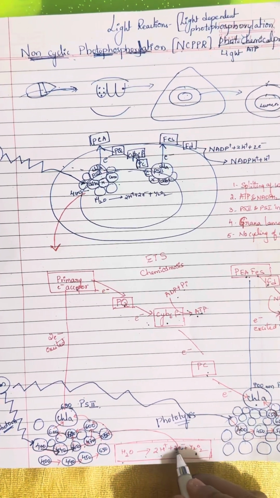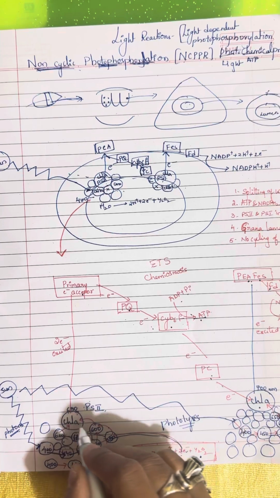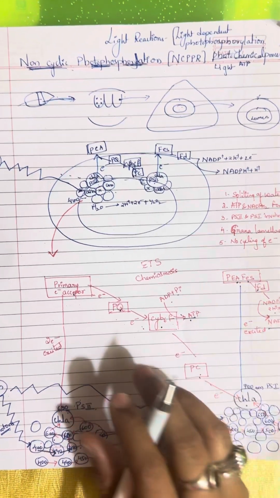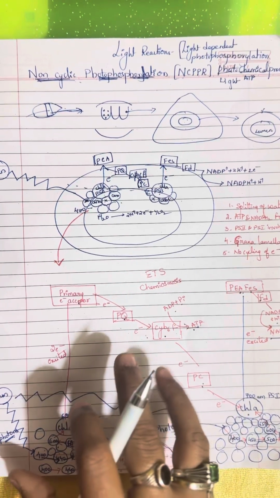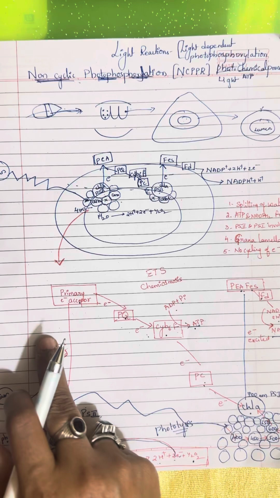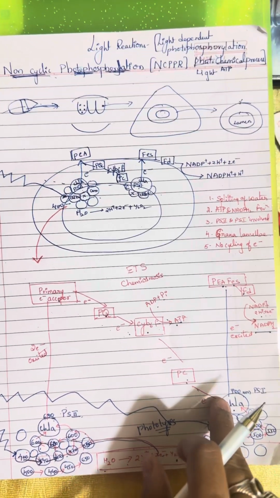These electrons that are formed go to lower energy and then again to higher energy areas. This is how non-cyclic photophosphorylation takes place. Water gives electrons that get excited; electrons reach from PS2 to PS1, and from PS1 to NADPH2.